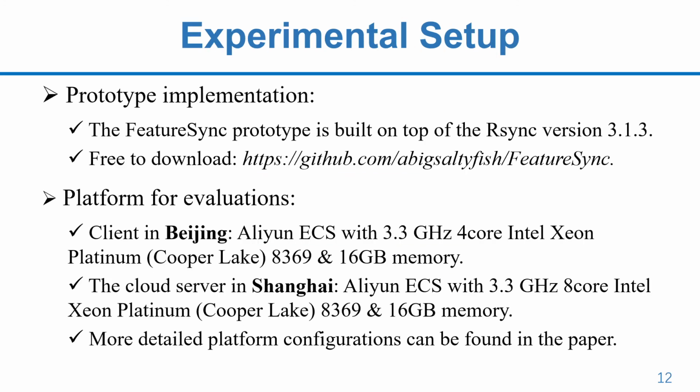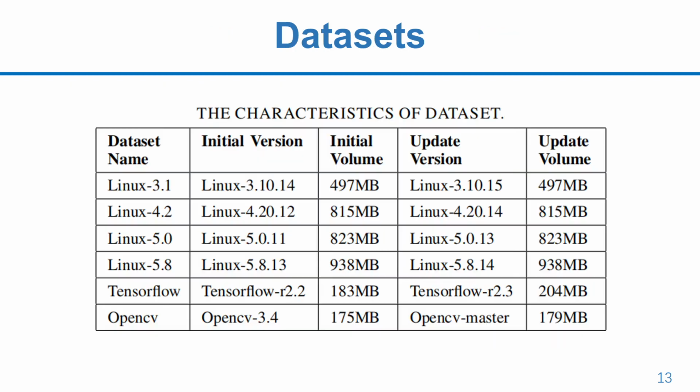We implement a lightweight prototype of Feature Sync on top of the open source rsync code on GitHub. We built the client and the server on two Aliyun cloud servers as our experimental platform. This is the dataset we use.